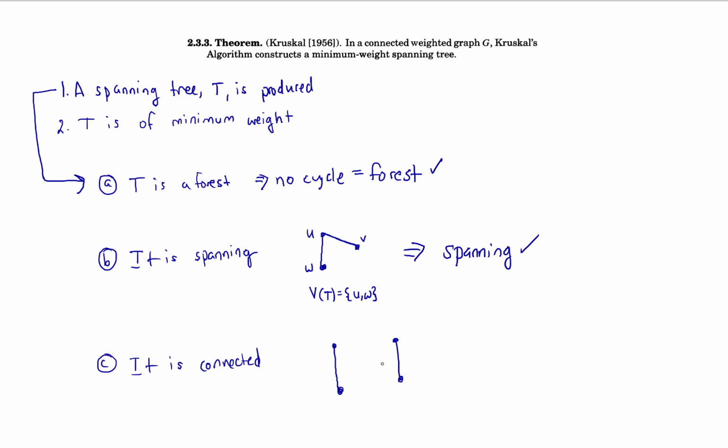So either the edge didn't create a cycle and has to be accepted by our algorithm, or it did, in the case of one down here, and was discarded by the algorithm. So either way, T has to be connected by the rules of the algorithm, and therefore it must be a spanning tree. And this is just based on the definition that a connected acyclic graph is, by definition, a tree.